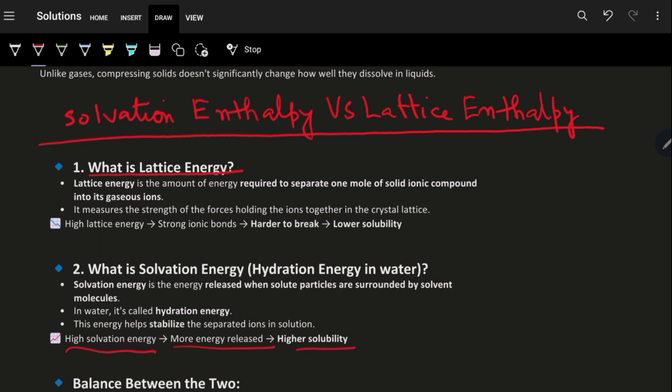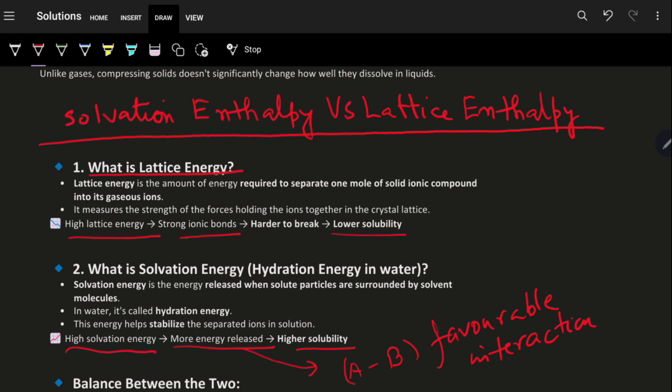And why is more energy released? Because the AB interaction is a favorable interaction, then only more energy is released. Now, high lattice enthalpy means strong ionic bonds exist, and you need a huge amount of energy to break those existing bonds. That causes lower solubility.